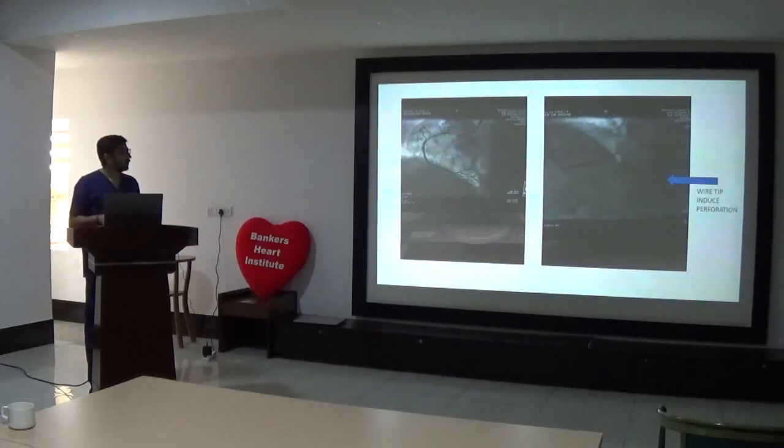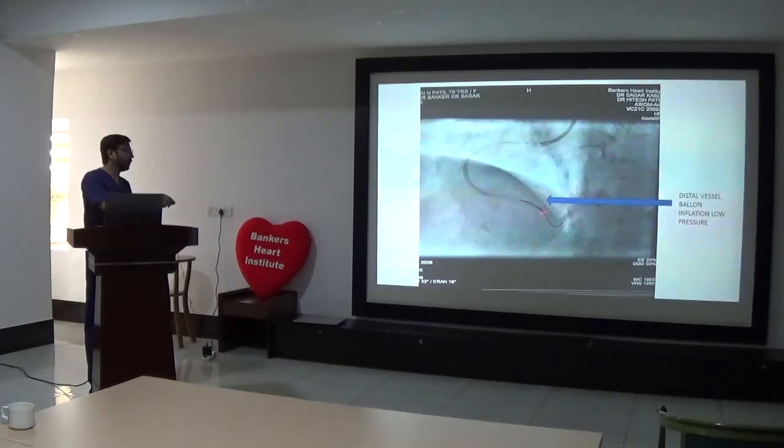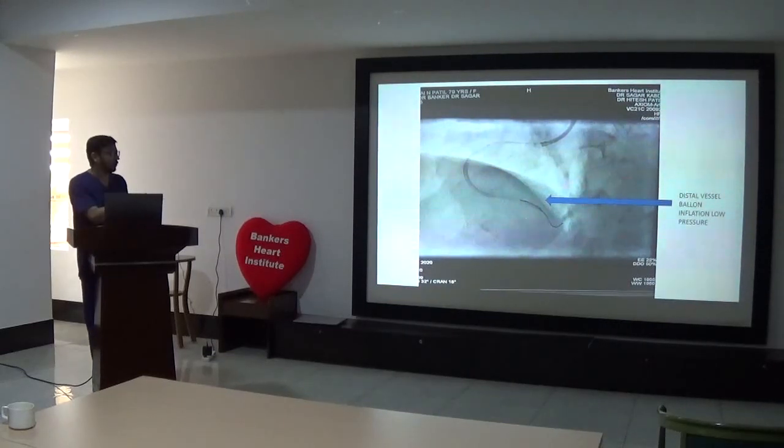So we did a balloon inflation at the proximal vessel. The distal vessel is no longer in the area of coverage, so we inflate a balloon for 20 minutes, 3 or more times, then it will seal this perforation.